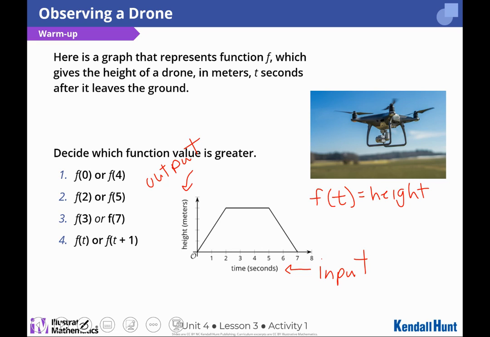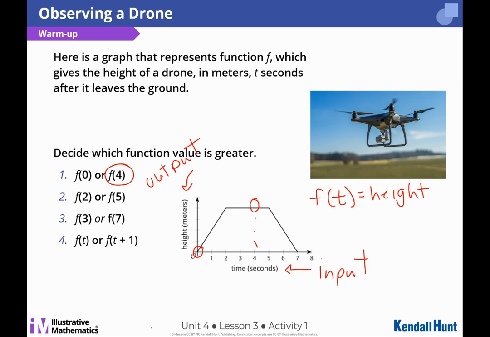Okay, so if we have to decide which value is greater, f of 0 or f of 4. When time is 0, it looks like the drone is still on the ground. And when time is 4, the drone is up here. So I would say f of 4 is greater.